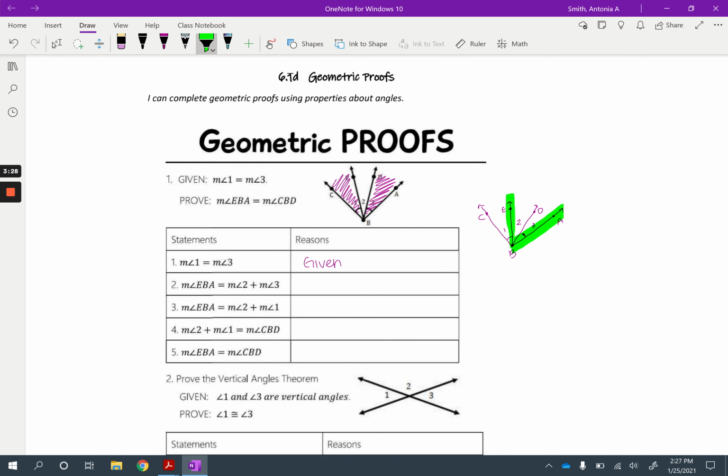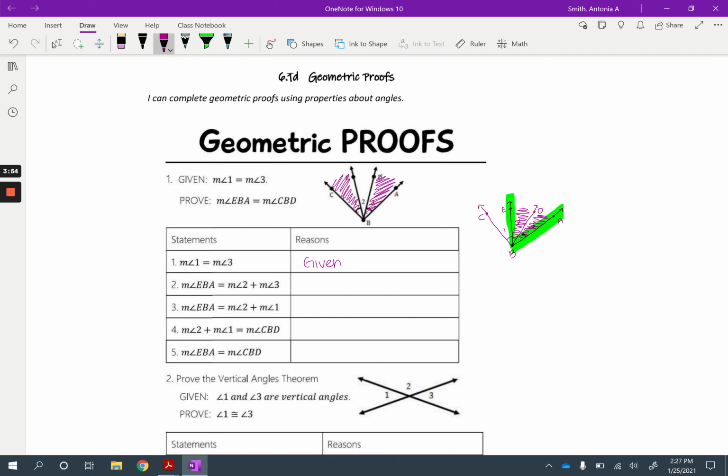My highlighter seems to be very thick. Let's change that. Okay. So my statement says that this angle that I've just highlighted in green is equal to the measure of angle 2 plus the measure of angle 3. Well, we can see that in this picture, right? We have angle 2 is right here, and angle 3 is right here. Those two angles are what make up that green highlighted angle.